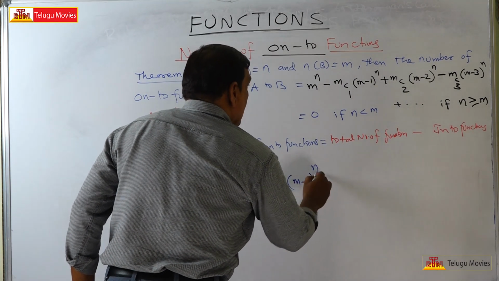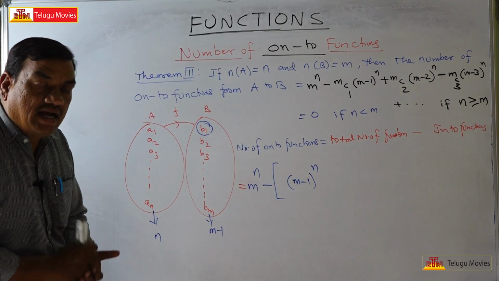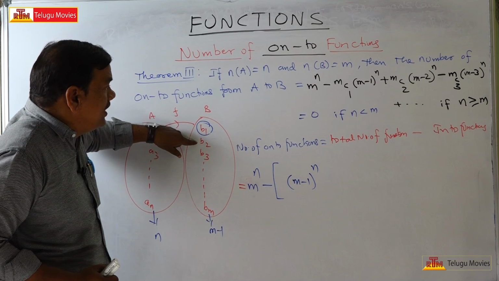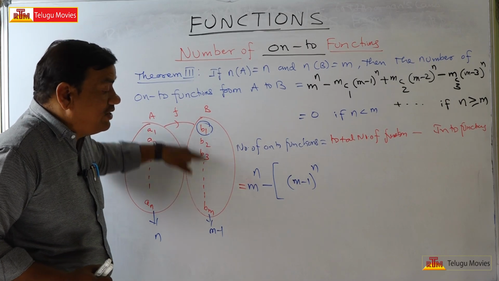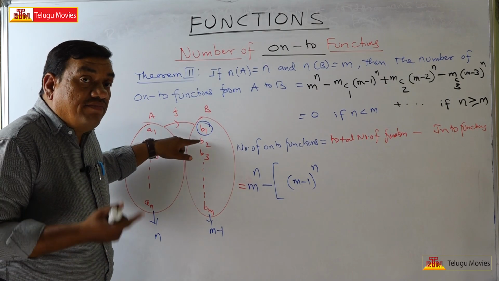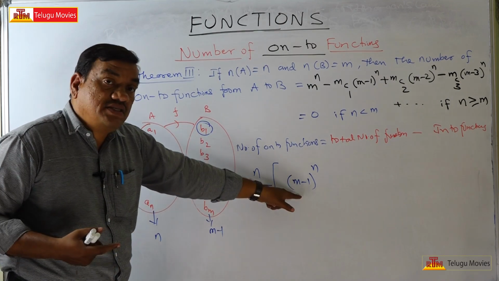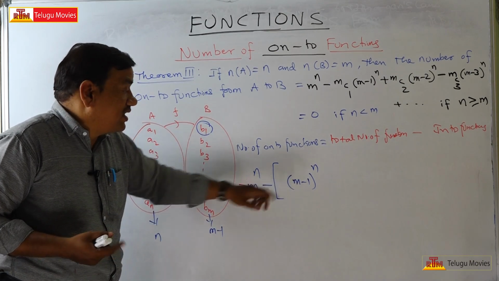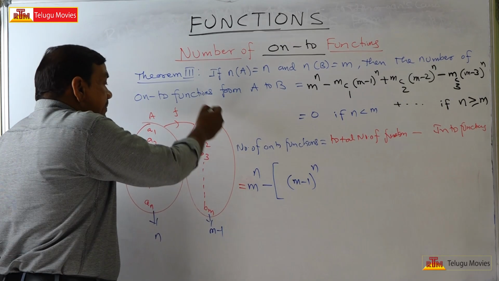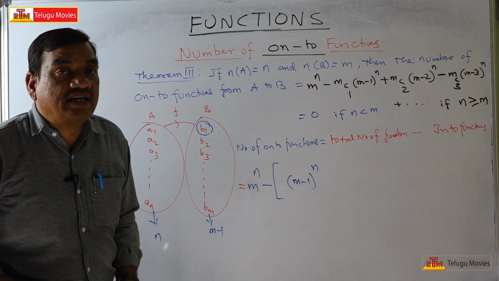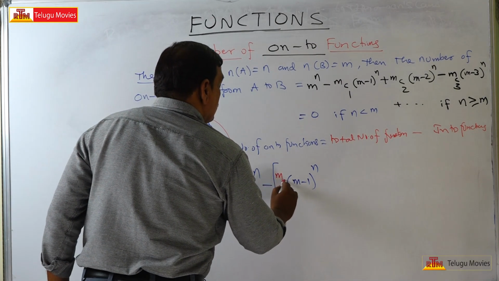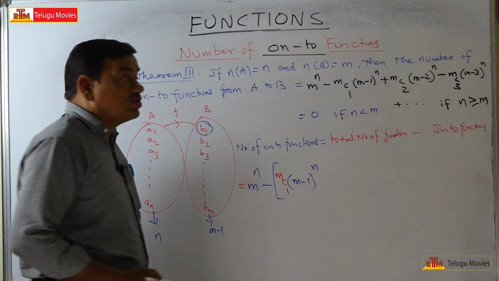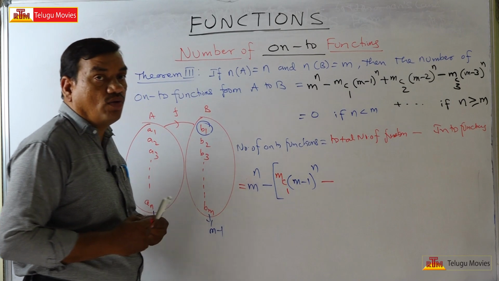Now, you can select B1 or B2 or B3 or Bm, any one of the elements. If B2 is left out, same concept. If B3, same concept. If B4, same concept. That means out of these m elements, one element can be selected in how many ways? That is mC1 ways. Understand? Okay. Next comes what? Minus. One element is over. See here.